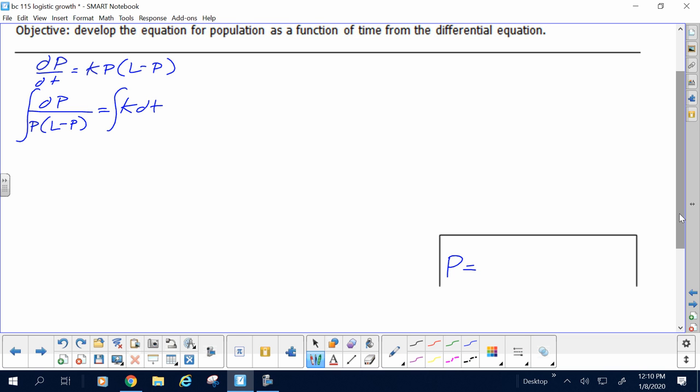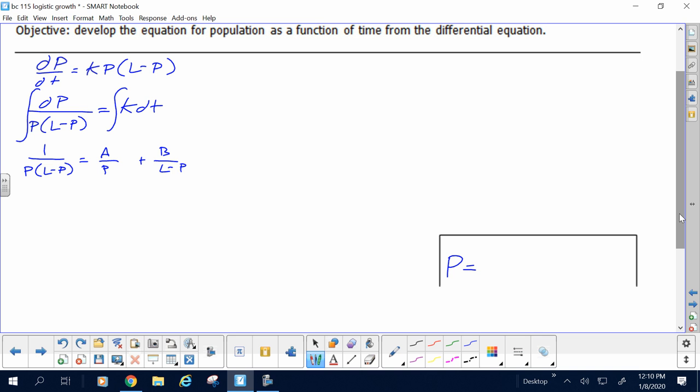Okay, so how do we integrate the left side? Partial fraction decomposition. We have to do partial fraction decomposition. So if we go 1 over P(L minus P), what are the 2 denominators we will use? P and L minus P. Alrighty.